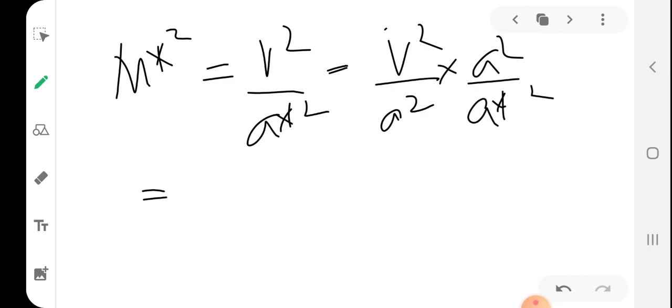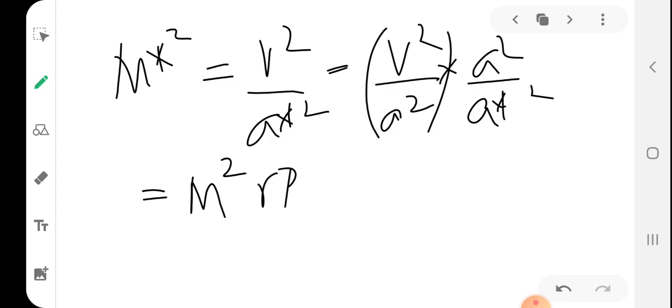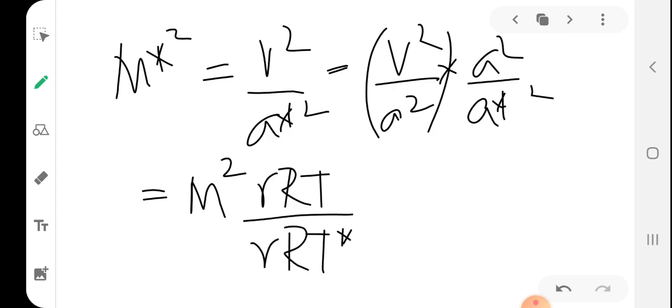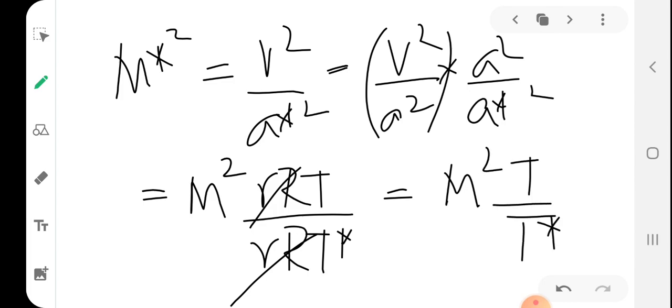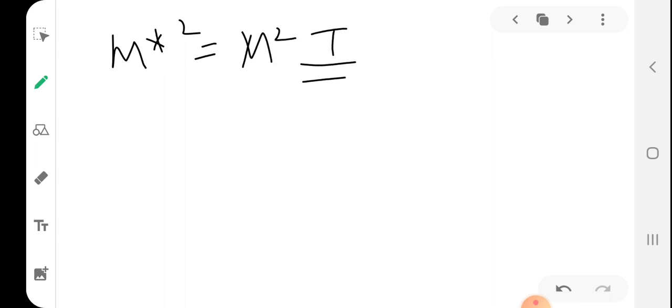So it can be written as Mach square into gamma RT by gamma RT star, since A square is gamma RT and A star square is gamma RT star. So gamma R and gamma R cancel, equal to M square T by T star. So students, M star square equals M square into T by T star.